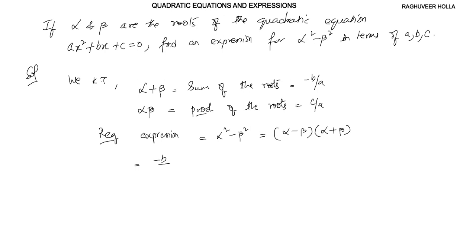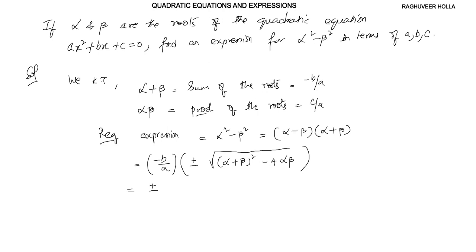So this is minus b by a times plus or minus the square root of alpha plus beta whole squared minus 4 alpha beta.